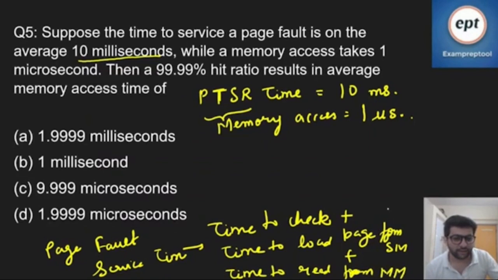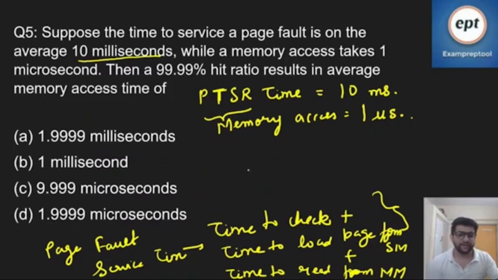All these three components are already present in the page fault service time. So we do not need to add the time to check the memory and the time to access the main memory. By default, all these components are there in the page fault service time. If it is explicitly mentioned that this particular thing is not added in the page fault service time, then you need to take care of that, right?